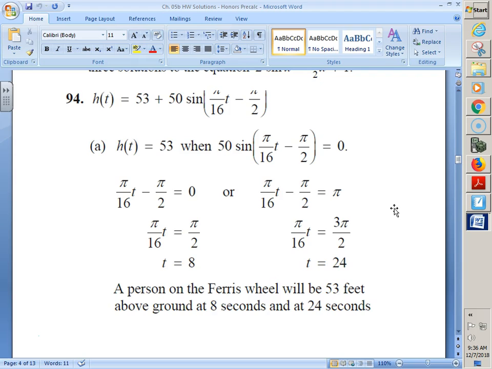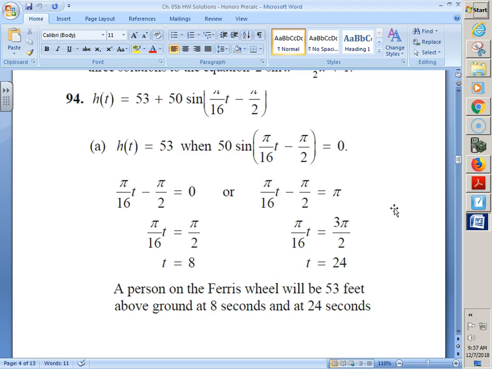You're just trying to get to t. Sine inverse both sides. Sine inverse of 0 is 0, or pi, or 2 pi, or 3 pi. So they went ahead and just solved by subtracting, and then dividing, and then sine inversing, getting 0, and then pi, etc. And then at that point, once they had some answers from the sine inverse, just add and multiply by the reciprocal.